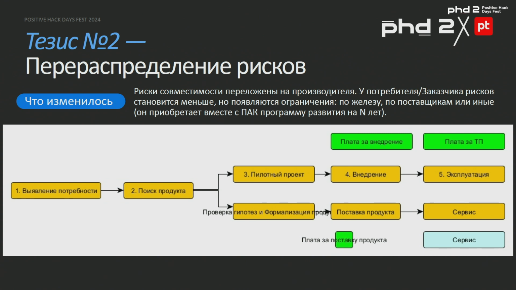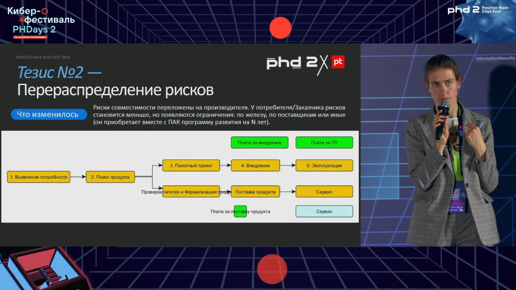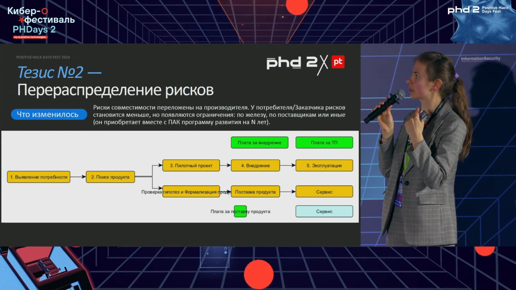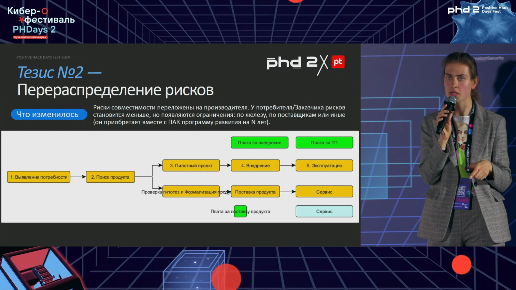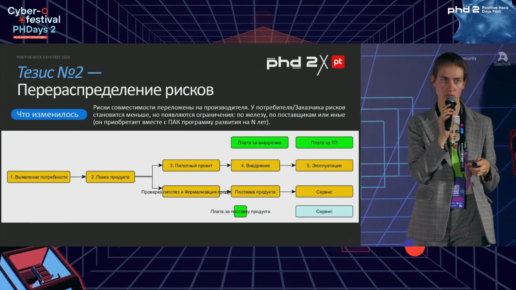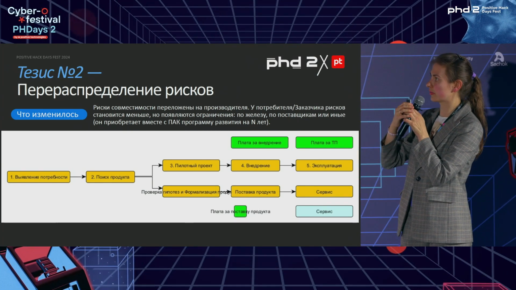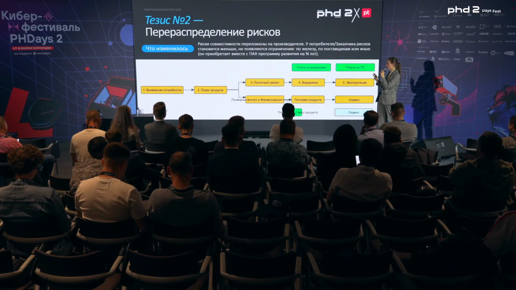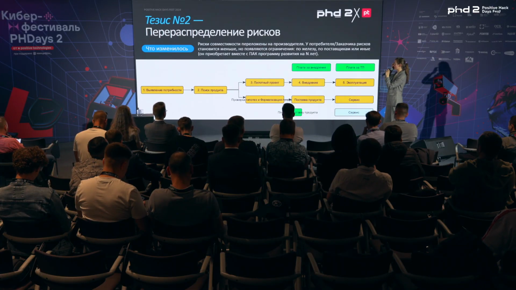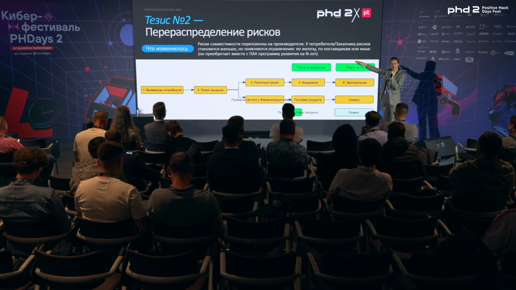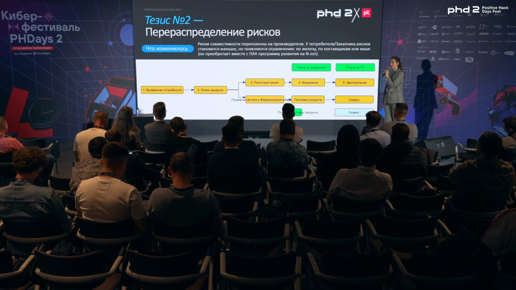And the second point is risk redistribution, because now you have a different financial component and a different organizational communication, and therefore risk redistribution is happening. It's cause and effect at the same time. As you get more expertise in the market, these things will be connecting with one another and we'll be able to clarify them better.